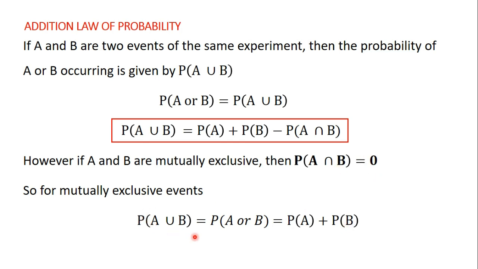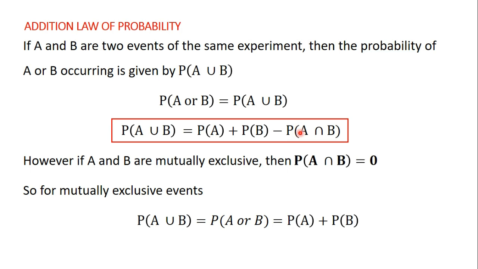So the addition law of probability becomes probability of A union B, which is the same as probability of A or B, is equal to probability of A plus probability of B, because probability of A intersection B becomes 0.